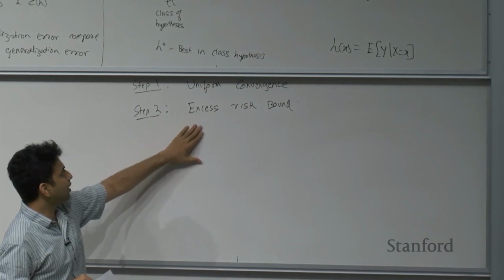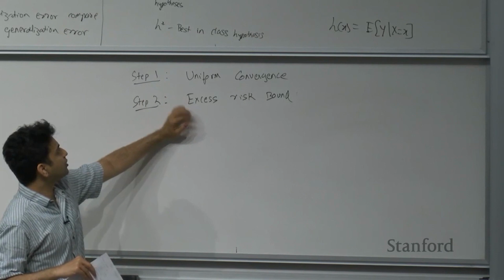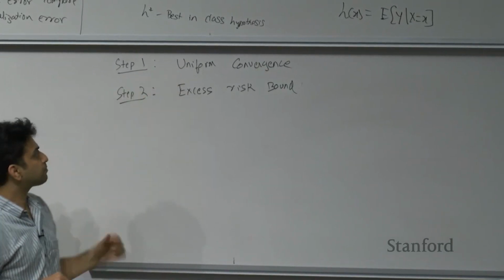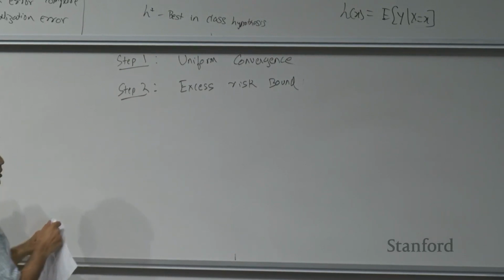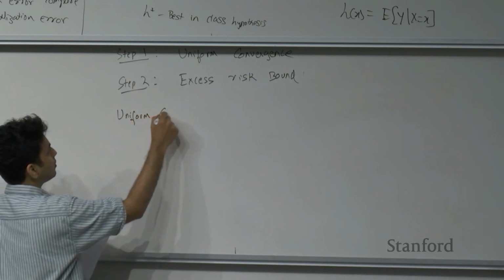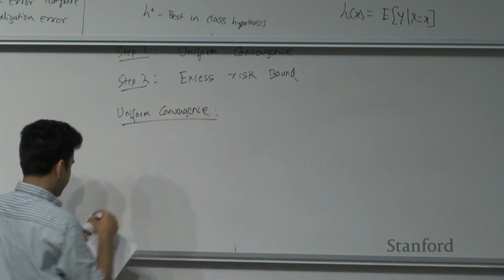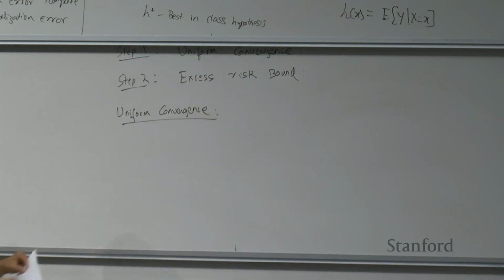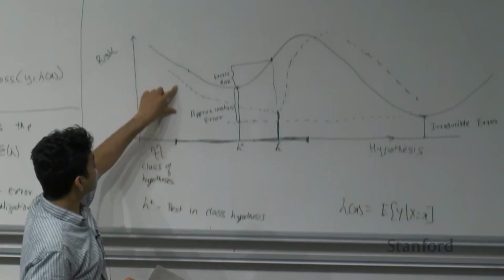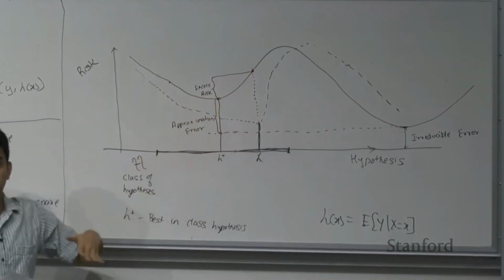The second step is a pretty straightforward step and applies to all models, but the class of model that we use and the loss function that we use is going to give us different techniques for doing step 1. So roughly speaking, the intuition behind uniform convergence is that we want our empirical risk function to converge to the true risk function in a uniform way.